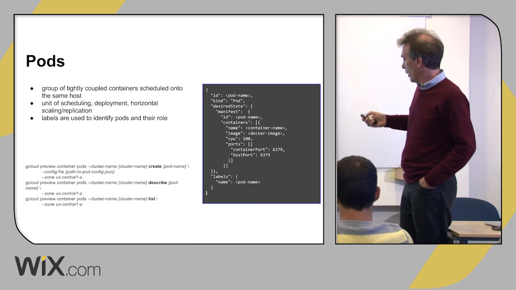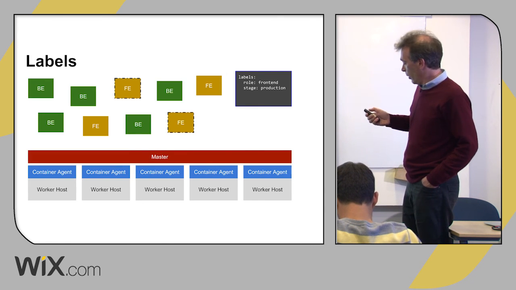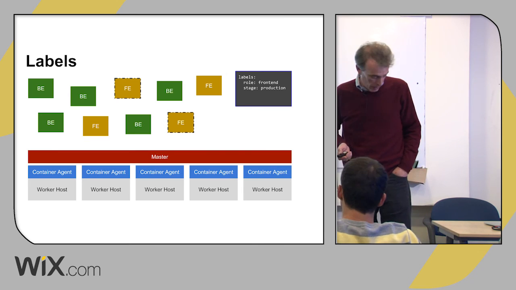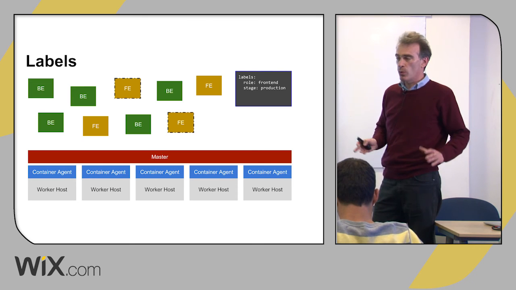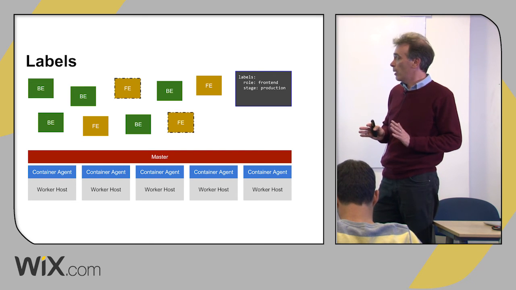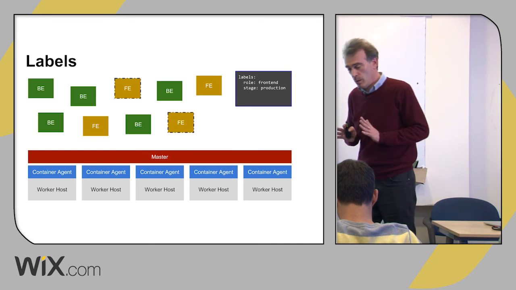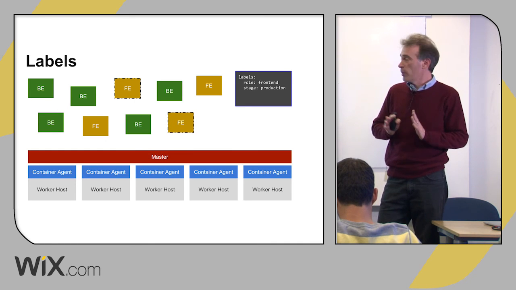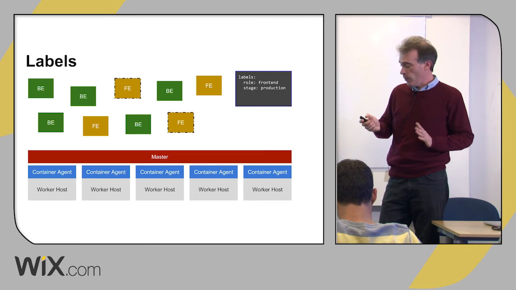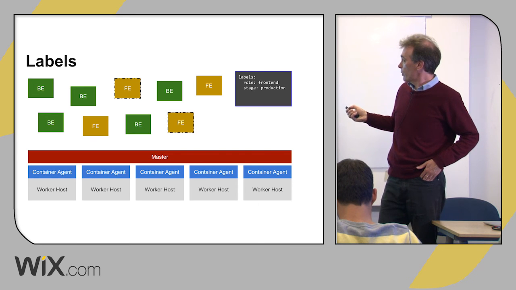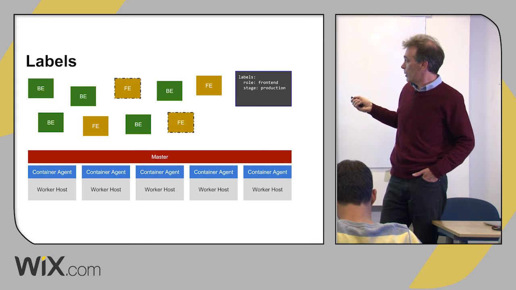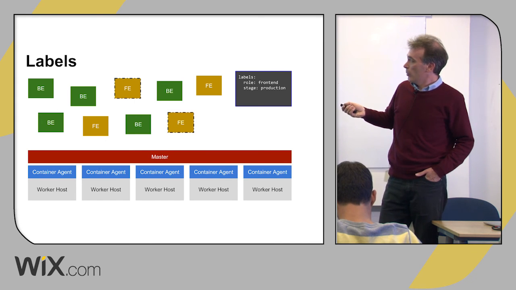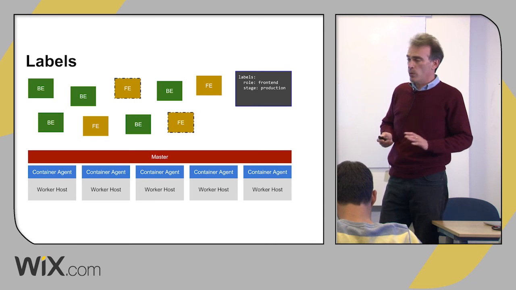And we have labels. Label is a very important concept in Kubernetes. Labels allow us to group containers together, and we can group by, for example, microservice. If you have a front-end microservice, and we have a label of stage production, now we can run management commands according to the label.